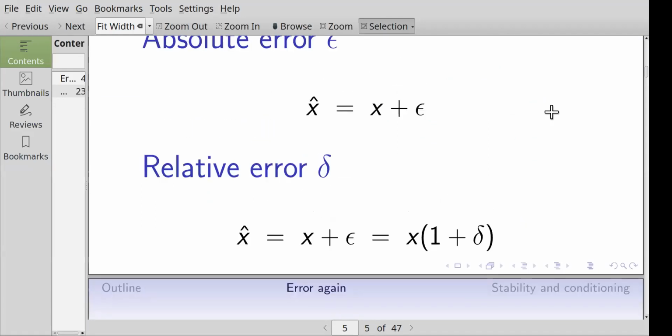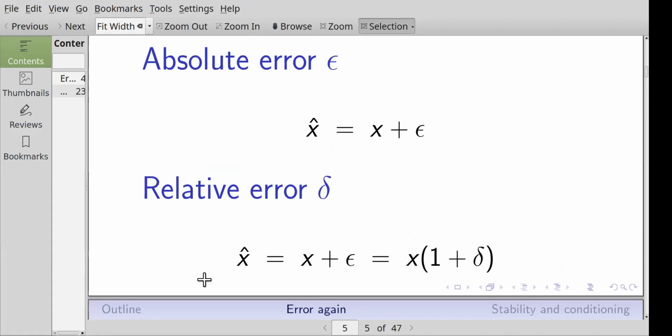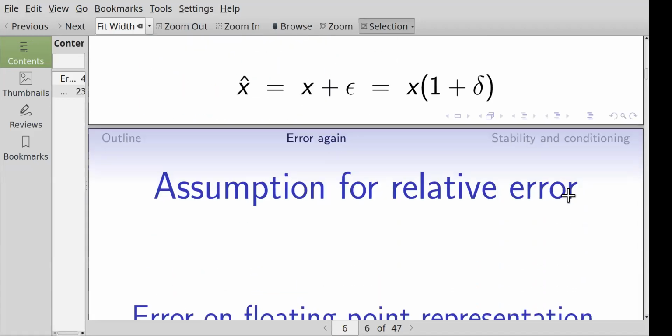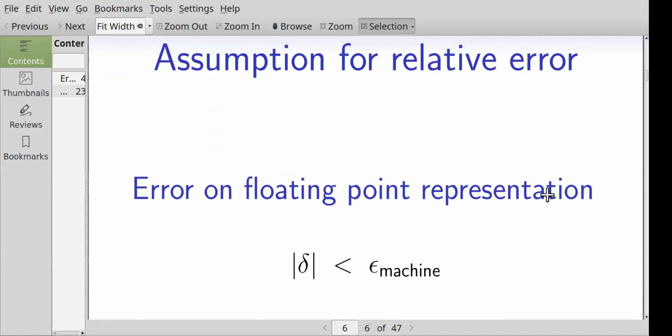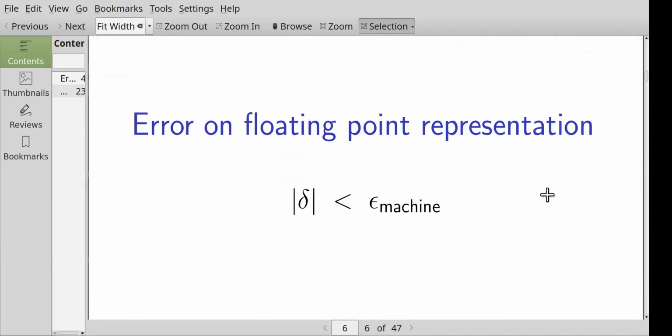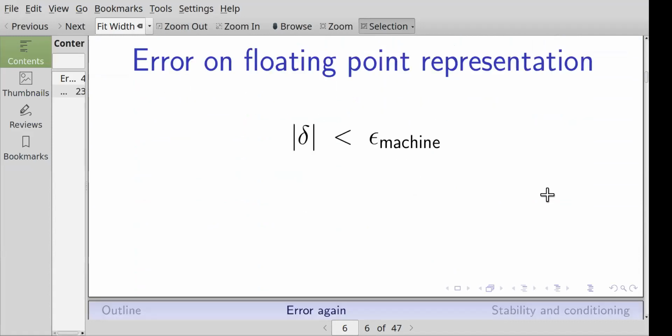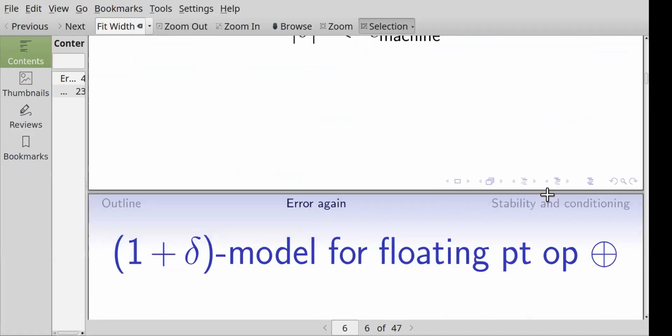So the relationship between x hat and x is that the approximation x hat is equal to the perfect number x times 1 plus the relative error delta. Okay, so that's what we had before. And what we would really like is that your deltas should be less than the machine epsilon. Okay, then you don't really have to worry too much about them.